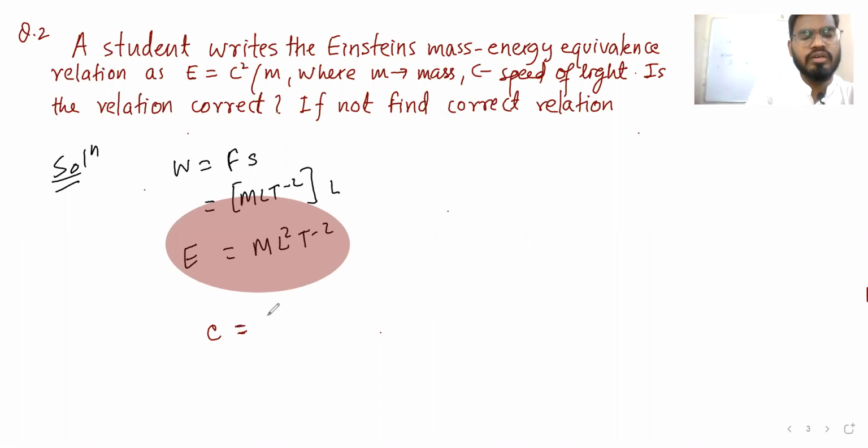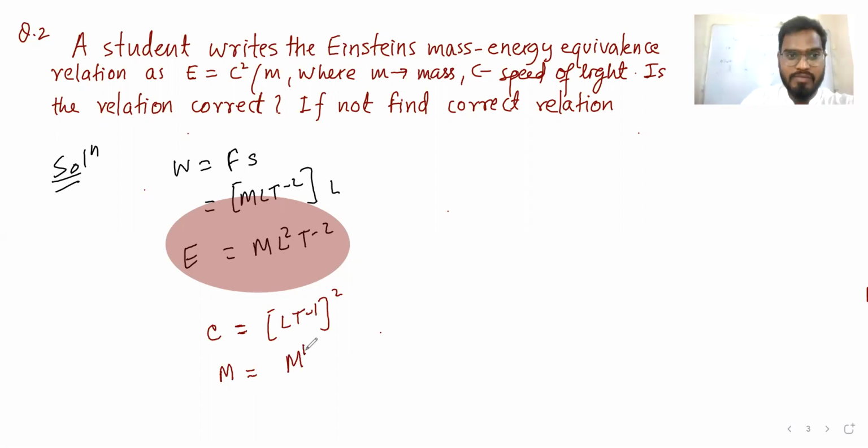Speed is distance by time, or displacement by time, anyway same only. So L T minus 1 whole square. And then mass. Mass is M to the power 1.